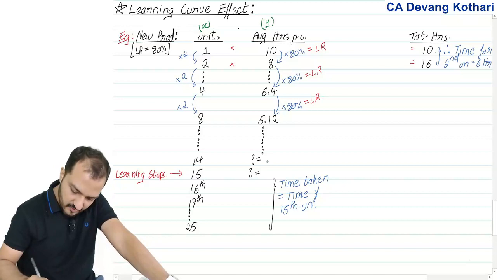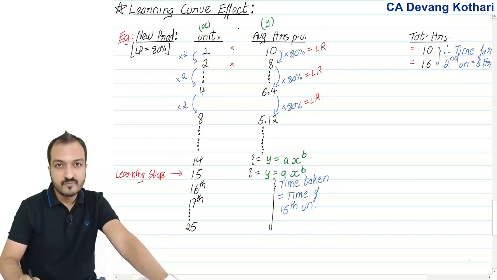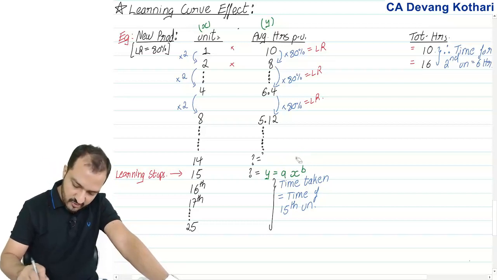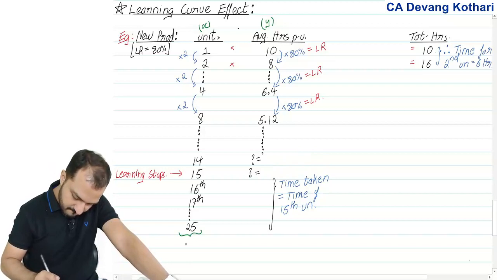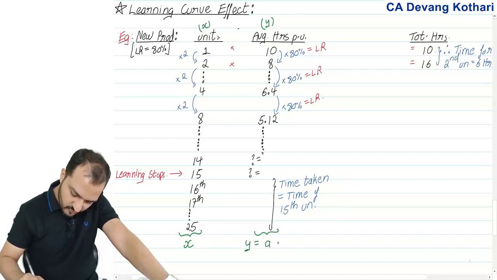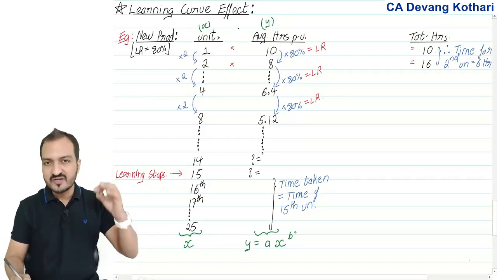And your formula here is that y equals a into x raised to b. The y value will always be equal to a into x raised to b. If these are your x values, these are your y values, y is equal to a x to the power b. Naturally, we need to know what the a value is, what the b value is.